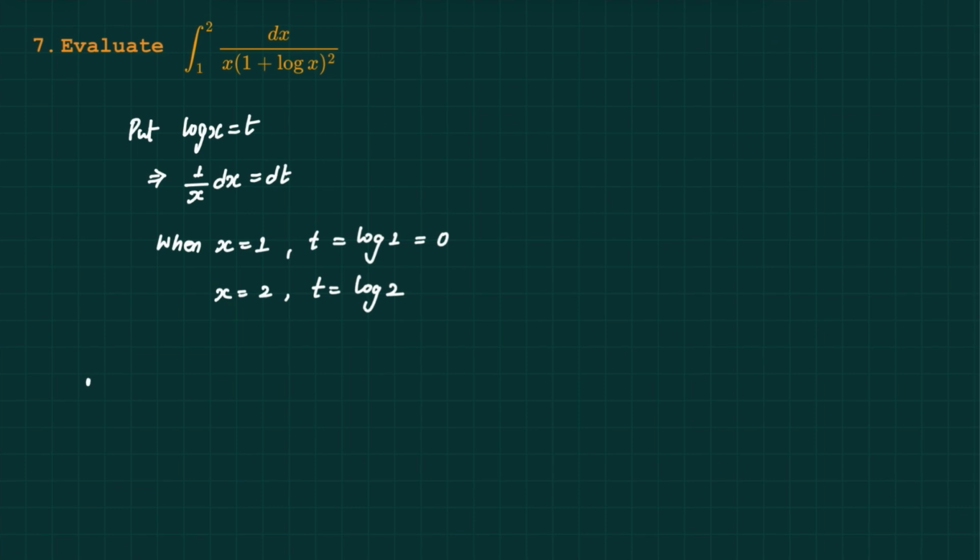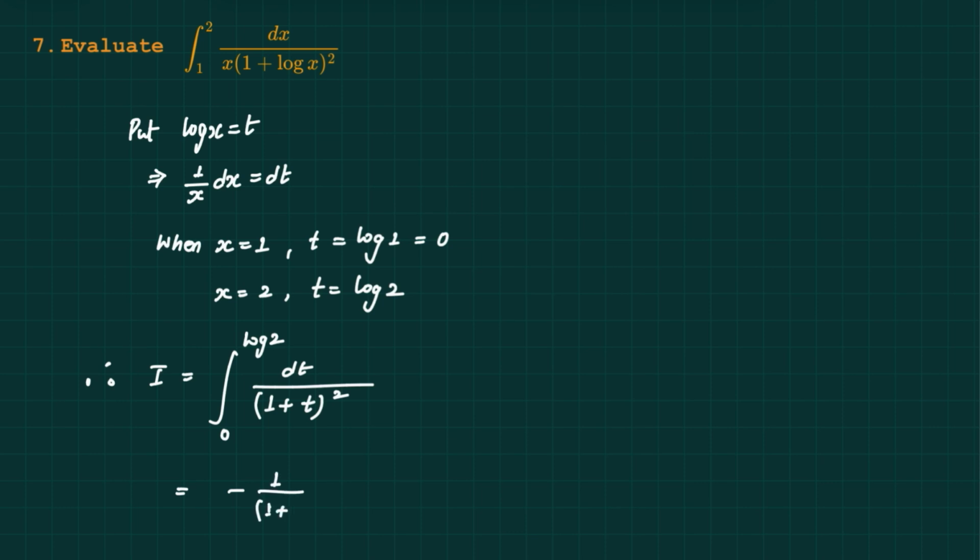Therefore my integral I will be equal to, the range is now from 0 to log of 2, and dx over x is dt, divided by (1 plus log x, which is t) whole square. So this equals the integration of 1 over t square, which is minus 1 over t.